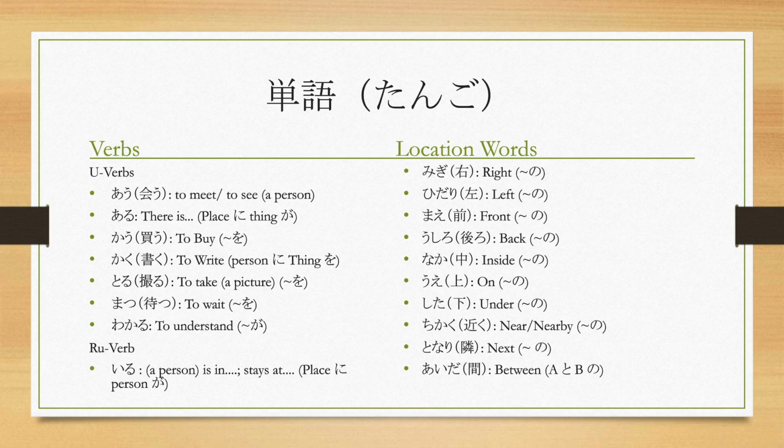Iru, which is for a person, as in, or it stays at, sort of. It depends on where you are, if you are somewhere at somewhere. Migi, right. Hidari, left. Mae, front. Ushiro, back. Naka, inside.